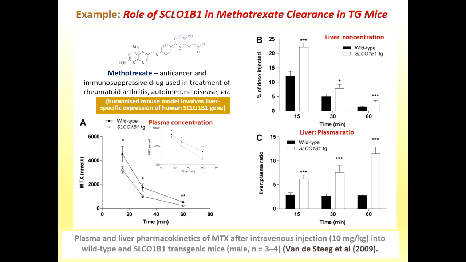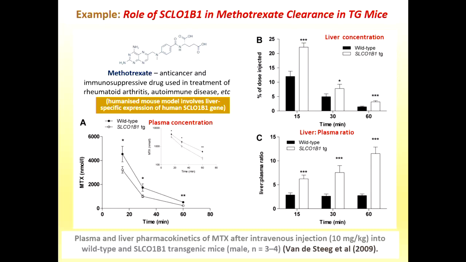And so we see this in terms of the pharmacokinetic behaviour of methotrexate. The liver concentration goes up significantly, about twofold, in the animals expressing the human transgene compared to wild type animals. So remember I said rodents don't have a 1B1 type transporter, so you can just simply put a human transgene in there and study this phenomenon in a mouse model.